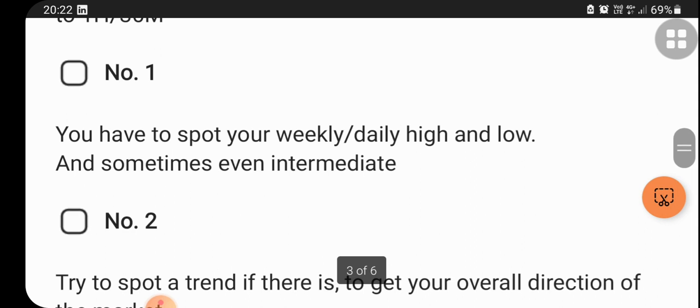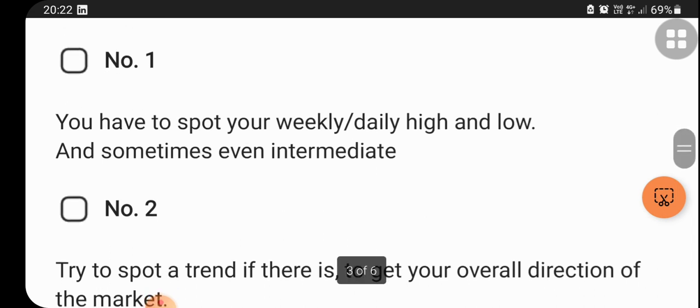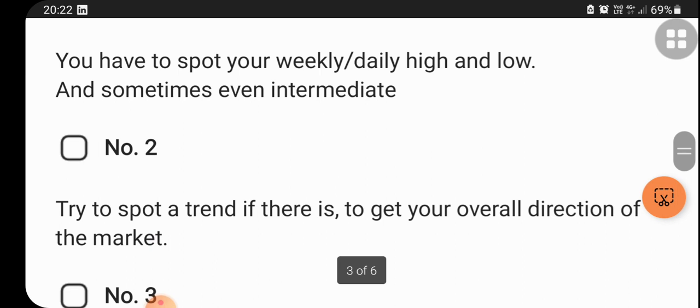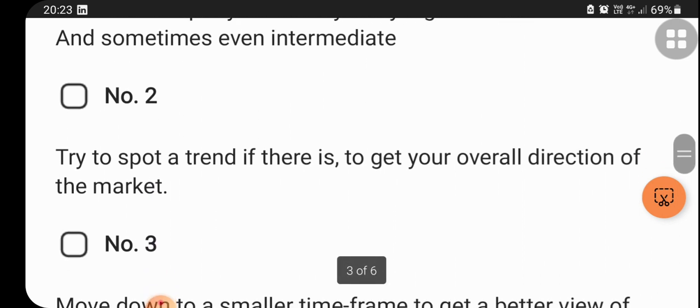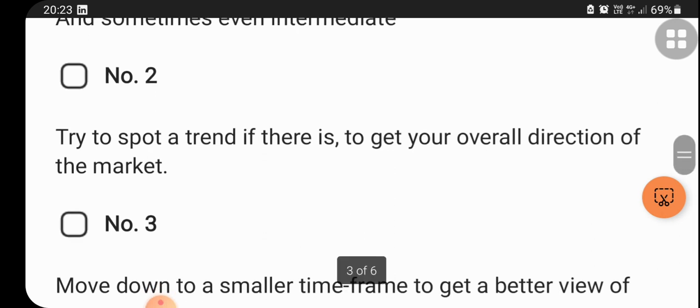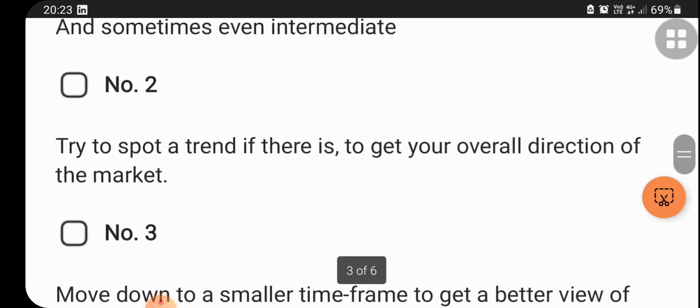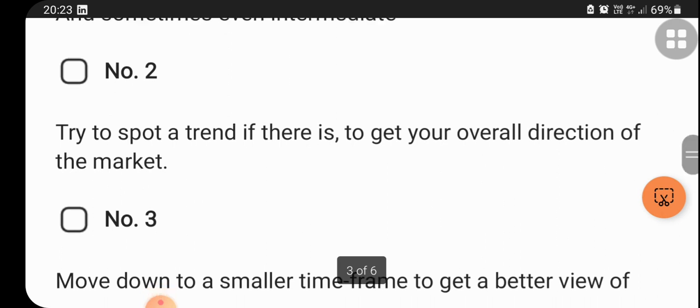So okay, first step when you're doing the top-down analysis, you have to spot your weekly high or daily high and the weekly low. Second step, going down on a lower time frame, you check the overall direction, whether it's a downtrend or an uptrend, or is it consolidating.